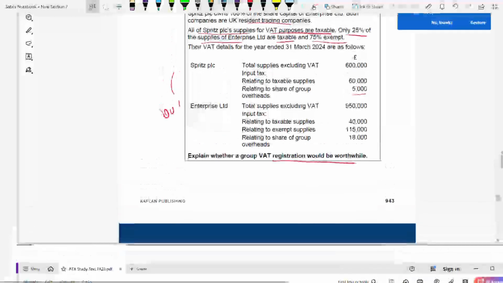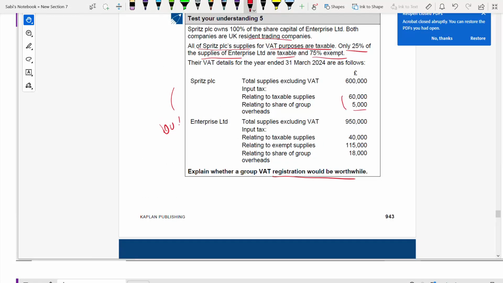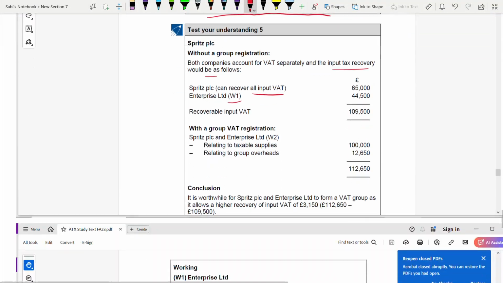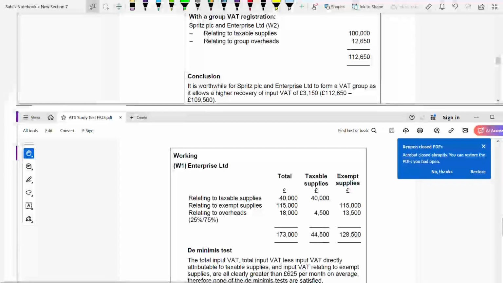How much? 65,000 for Spread, relating to taxable supply and relating to share of group overheads. Okay. Next, for Enterprise, remember only 25%. There is a working one for Enterprise. We'll go there. You have to do the test, 25 and 75.